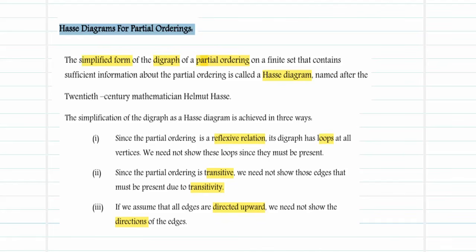We quickly recollect what is meant by partial ordering. A relation that is reflexive, anti-symmetric, and transitive is referred to as a partial ordering. So it has to be reflexive, it has to be anti-symmetric, and it has to be transitive.